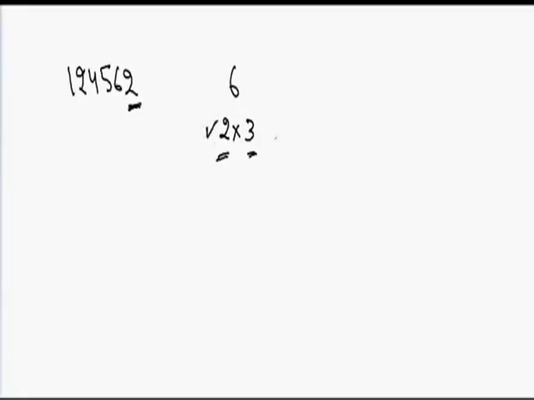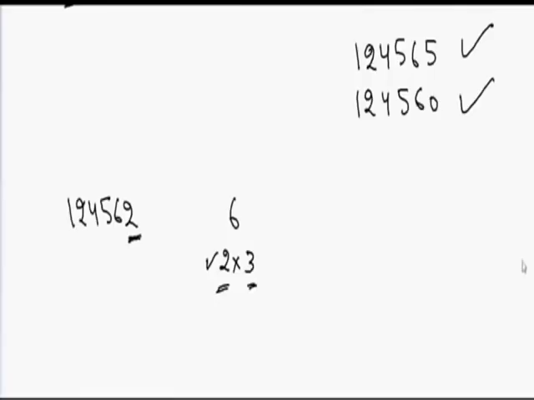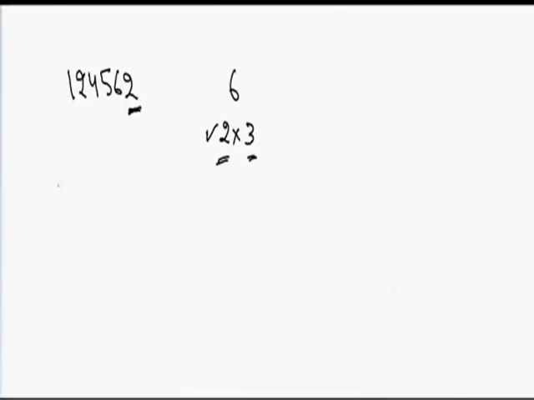So this is okay. But we did the test before and found that the sum, if I go back here, was 20. So 1 plus 2 plus 4 plus 5 plus 6 plus 2 was 20, and 20 is not divisible by 3. So that's why this number should not be evenly divided by 6.